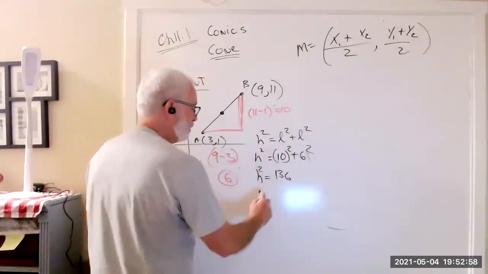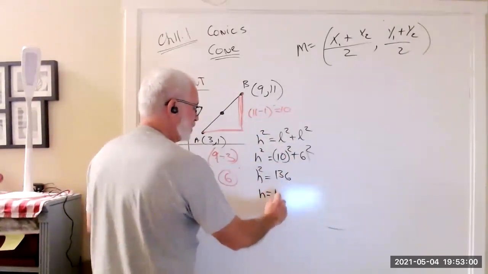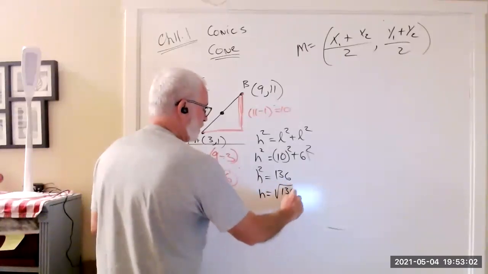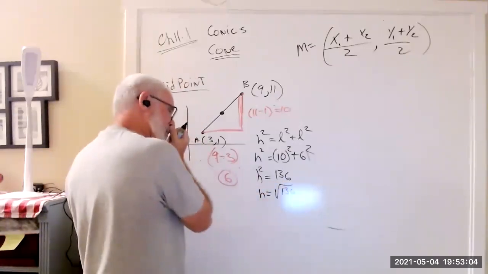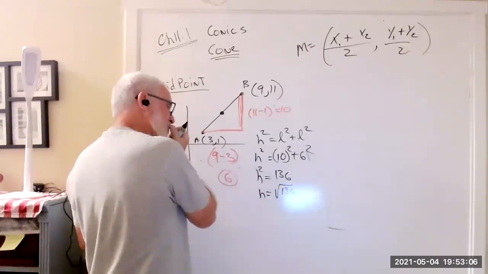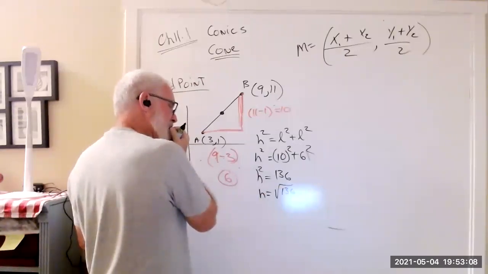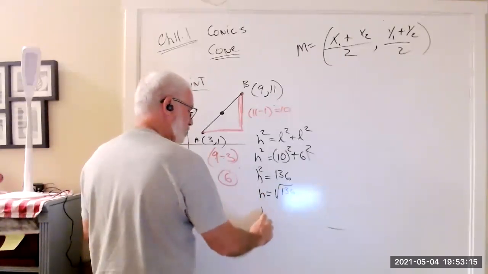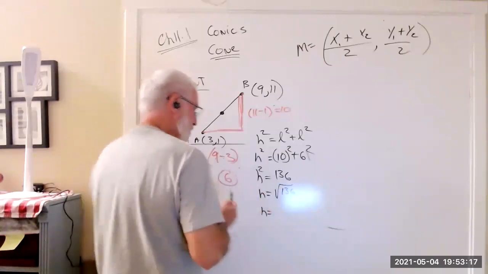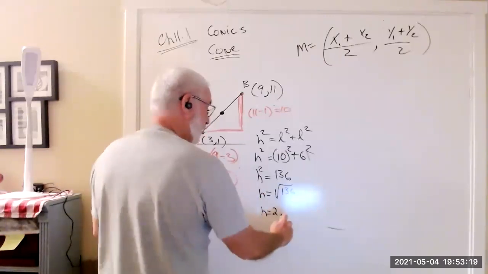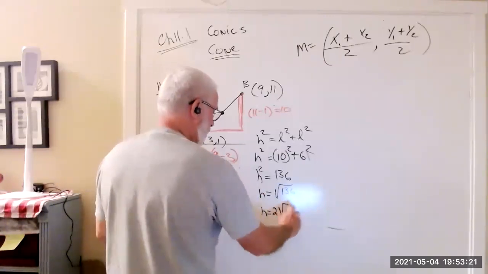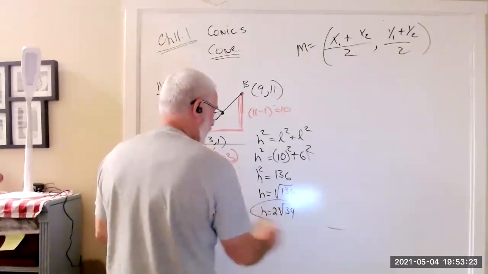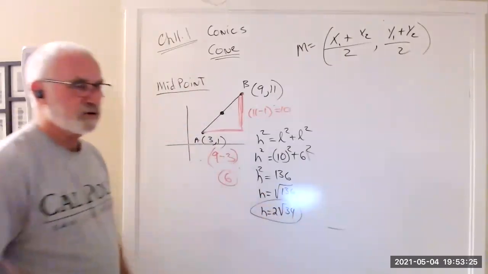So we square root both sides. H is, your calculators, somebody tell me what the square root of 136 is. 2 radical 34. 34, really? Okay, I was way off. Okay, good enough. So that's the distance.